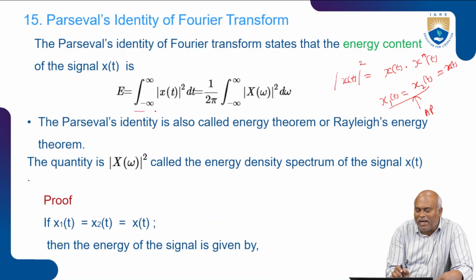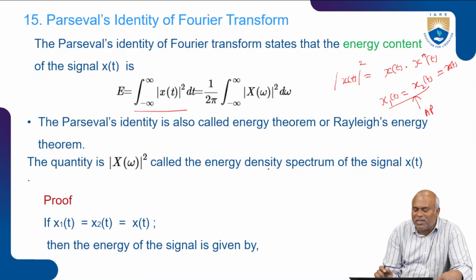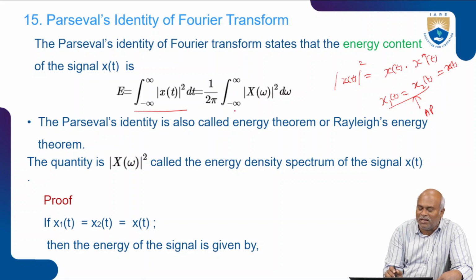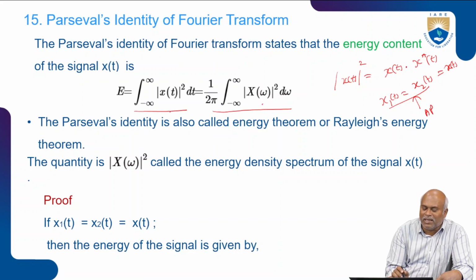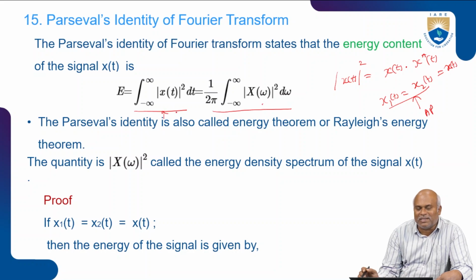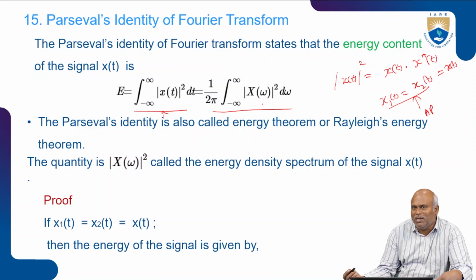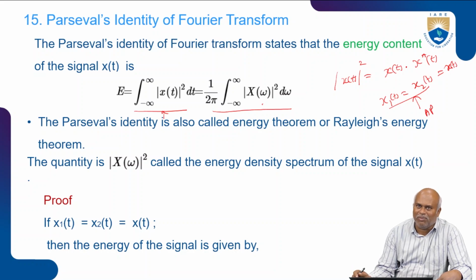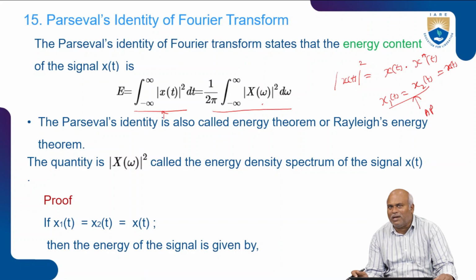This is called the energy. Its produced output is represented as 1 by 2 pi integration of minus infinity to plus infinity mod X of omega whole square d omega. So this is also energy, but in the frequency domain. So the input side is represented as an energy signal; if you take the Fourier transform of the time-domain signal, the output is also energy, but in the frequency domain. This is called the Parseval identity.